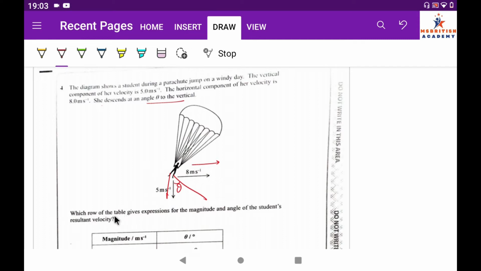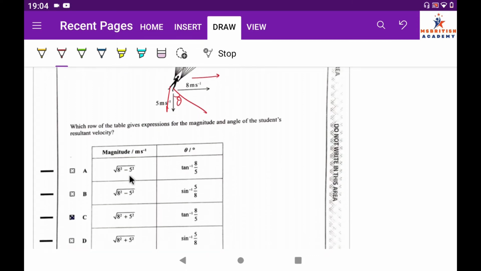Which row of the table gives the expression for the magnitude and angle of the student's resultant velocity? We do not have to calculate the whole thing, only write the resultant magnitude. As these vectors are perpendicular, at 90 degrees, we can use this formula: square root of 8 squared plus 5 squared.